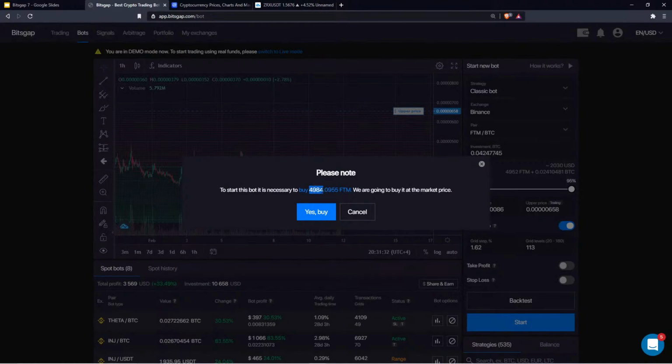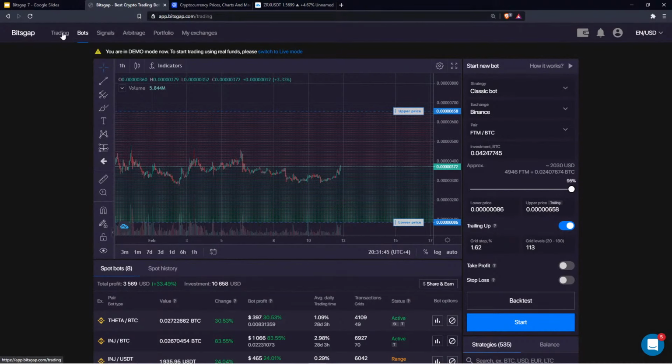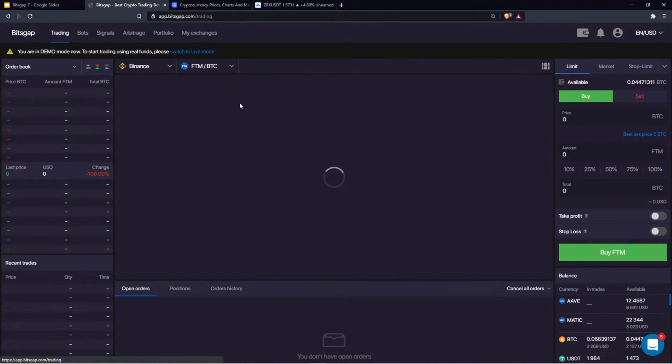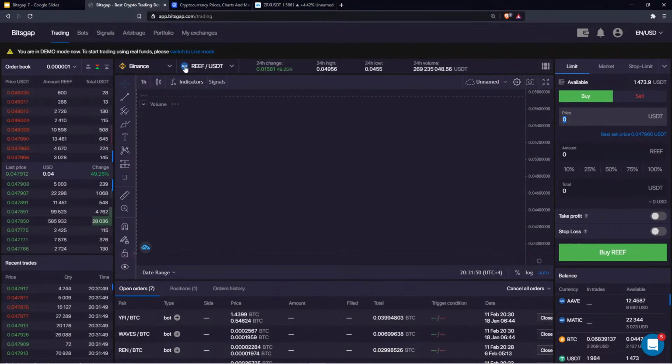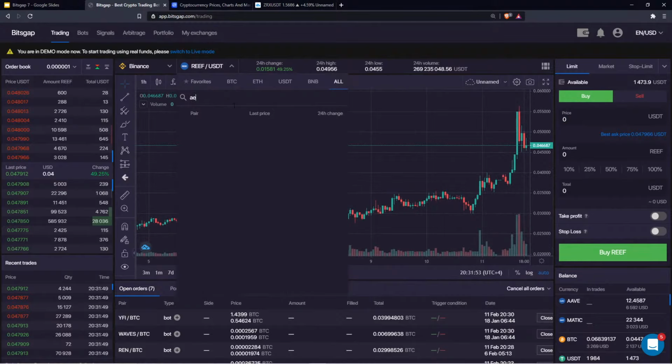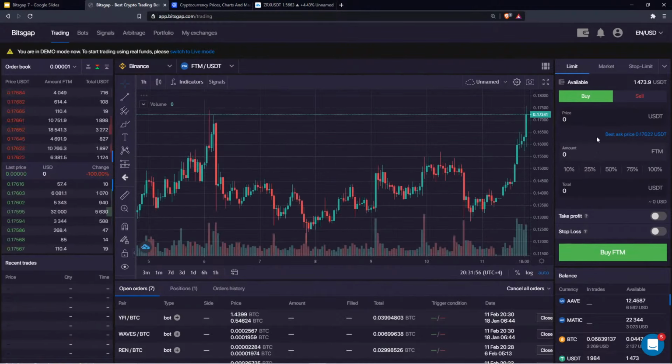see, it asks me to buy the amount of FTMs required to plot all these sell limit orders, and you can say yes, or you can spend less on fees by going to trading, and here you can buy the required amount of FTM with a limit buy order.